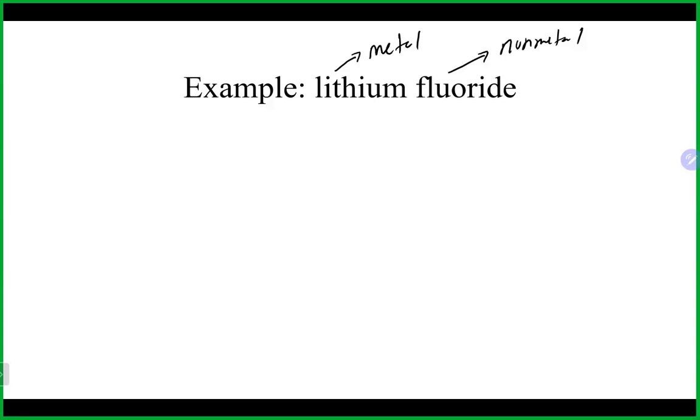So we already know what's going to happen here. We're going to have a transfer of electrons from our metal to our nonmetal because this is going to be ionic. So we could draw our Lewis dot symbols for lithium. Lithium is group number 1, which means it has 1 valence electron. And we could write our electron configuration, which I will, just to demonstrate what is going on here.